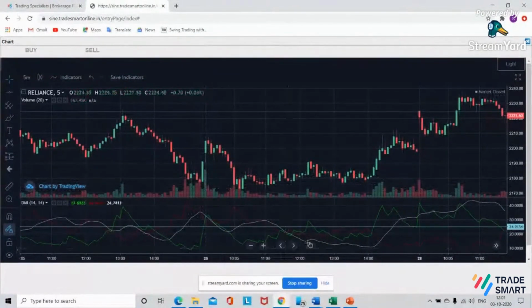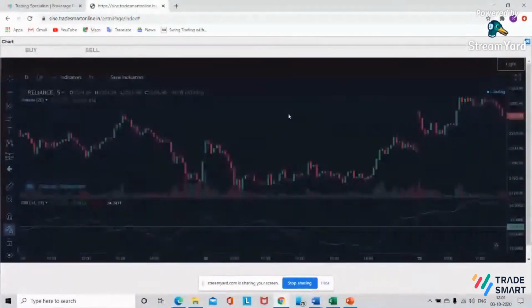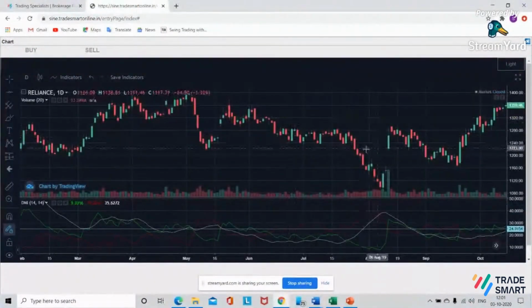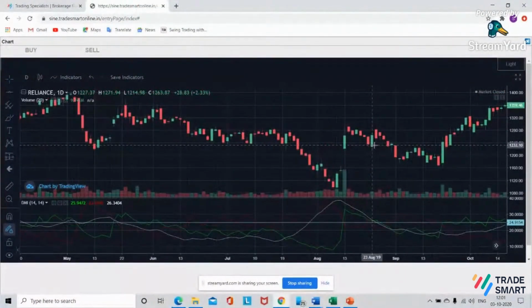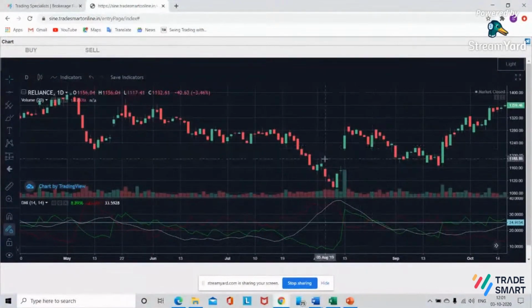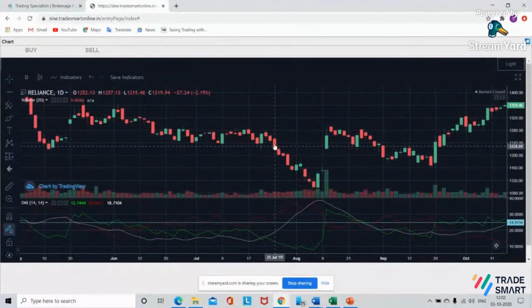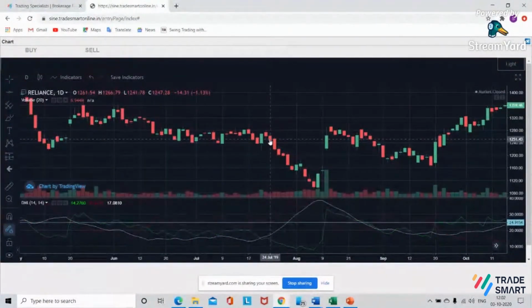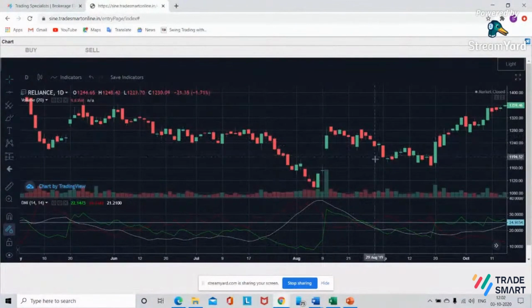Let's analyze this chart for swing trading. I'm using the time frame of 1 day, guys. 1 day is very significant when you use it for swing trading. So, same Reliance, as you can see, I am analyzing from the 24th of July 2019.